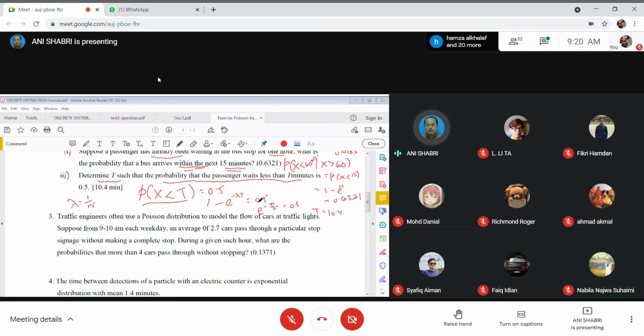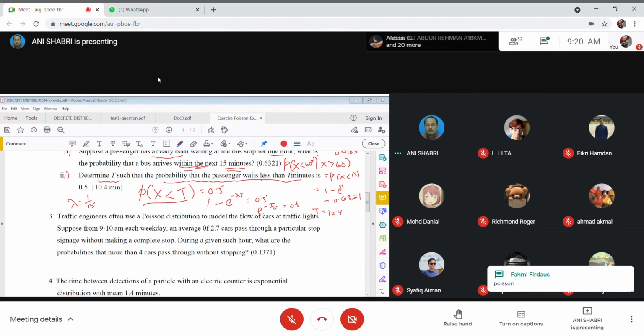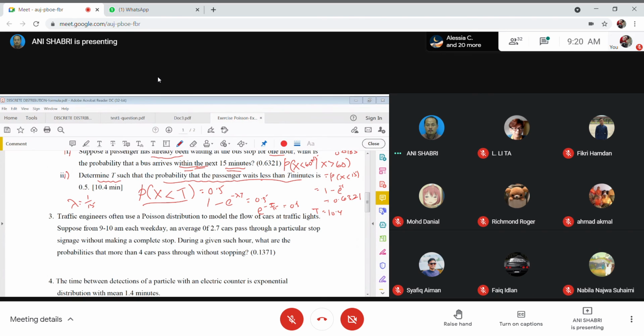Okay, the number 3. What is this distribution? Number 3. Poisson. Poisson sebab dia nyatakan Poisson. Okay, what is the value lambda?